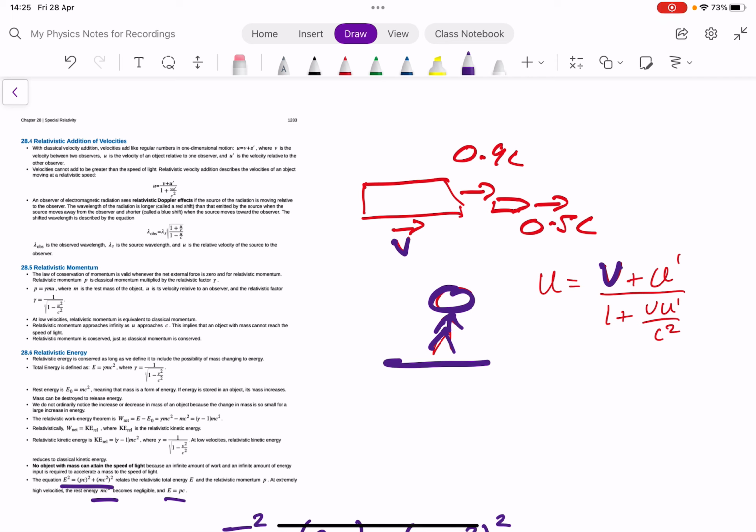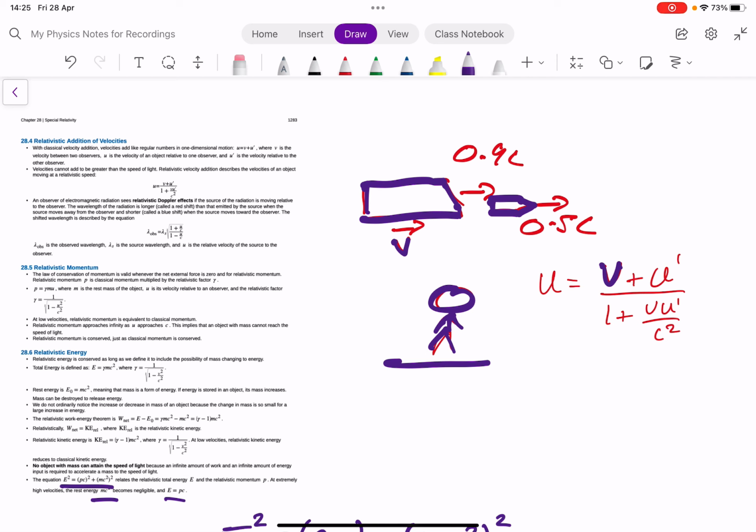u and u dashed are the two observed velocities for the third object. So the train and the person on the platform are our observers. This, I don't know why it would be a torpedo, but let's go with a torpedo. This firework, this rocket, whatever it might be, has been fired forwards. The train would view this as travelling at one velocity.